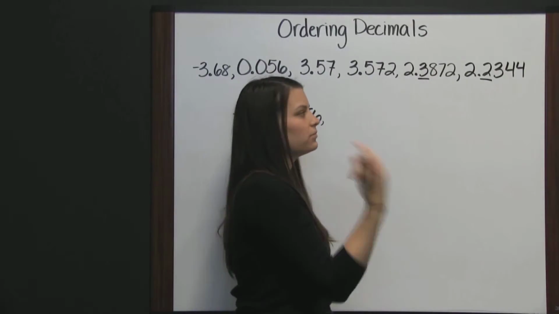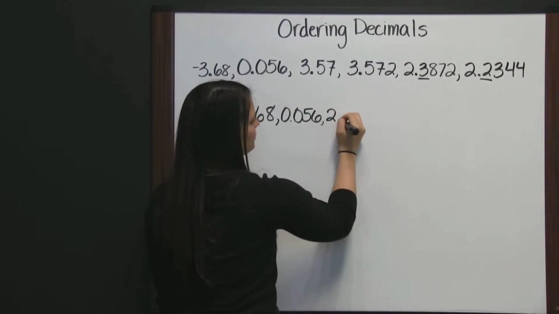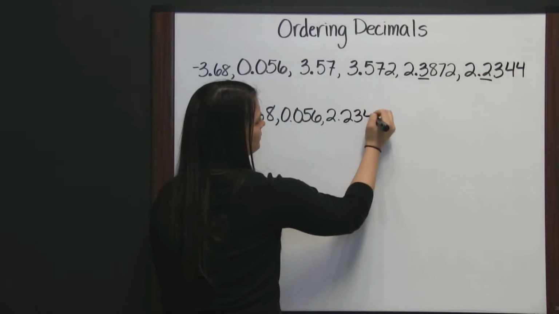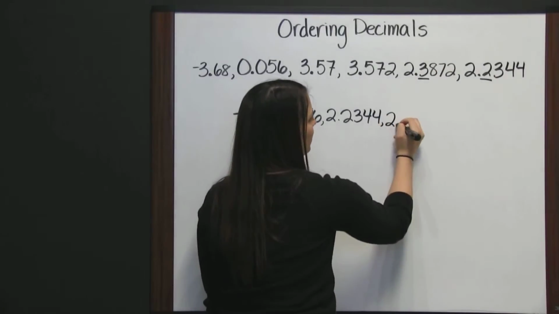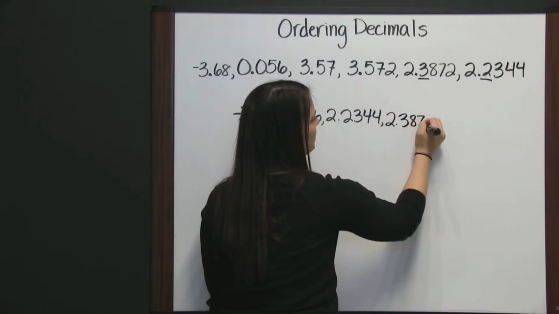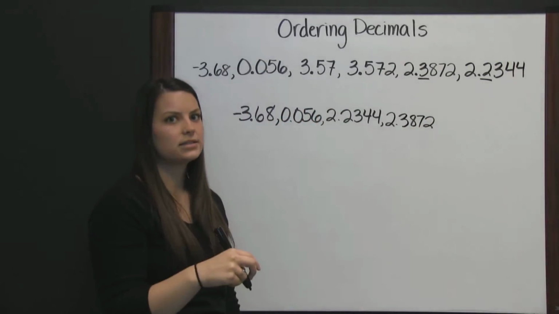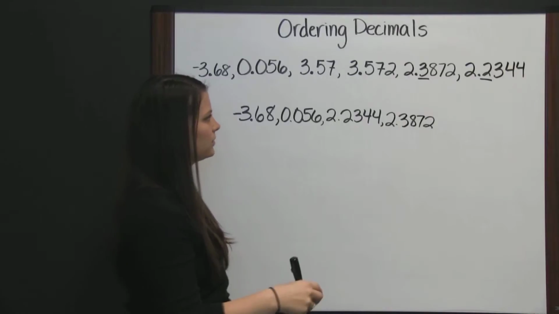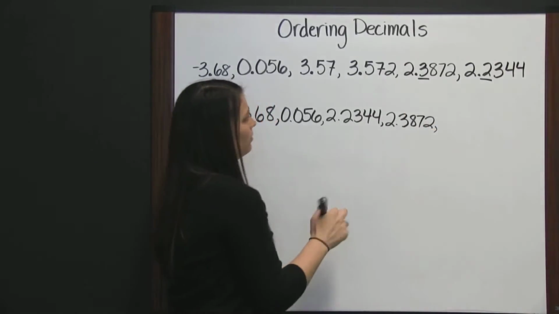So since we're ordering from least to greatest, this number would be next. Followed by 2 and 3,872 10,000ths. So we're done with our 2's, moving on to our next whole number.